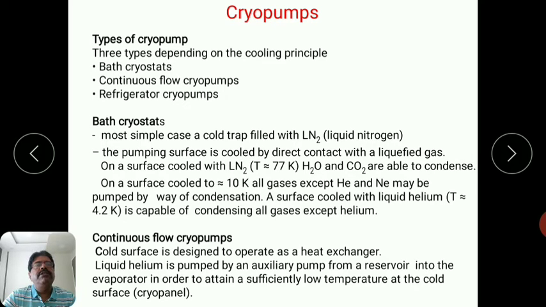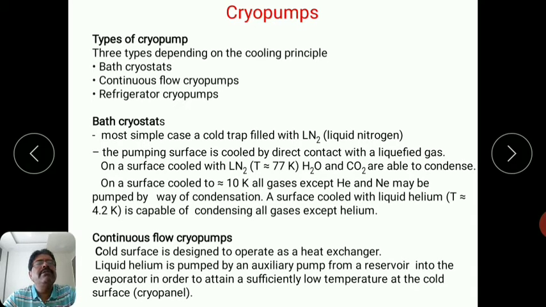Okay, so what is this bath cryostat? It is the most simple, a cold trap filled with liquid nitrogen. As I have said, you can use certain surfaces and cool them with the help of either liquid nitrogen or helium. When these surfaces are maintained at a sufficiently low temperature, the gas molecules will condense on them.